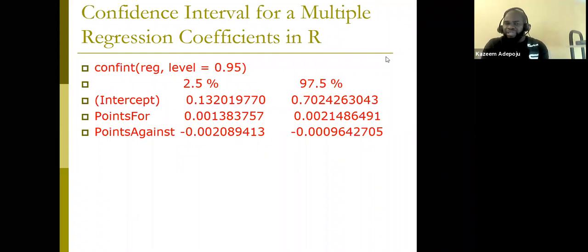If I want to get a confidence interval, why do I specify 0.95? Because I want 95% confidence. If I want 90% confidence, I'm going to indicate 0.90. If I want 99% confidence, I'm going to put 0.99.